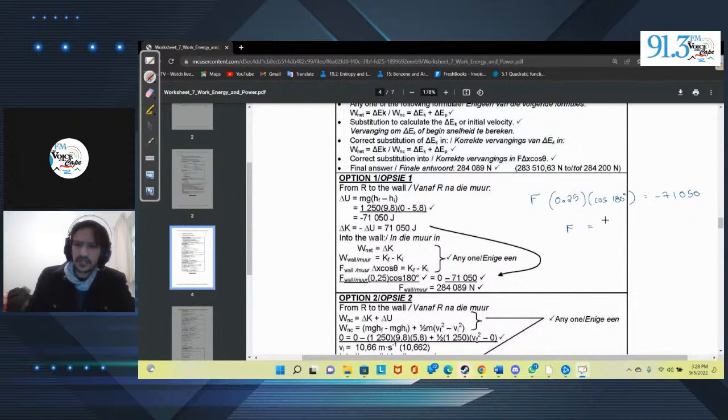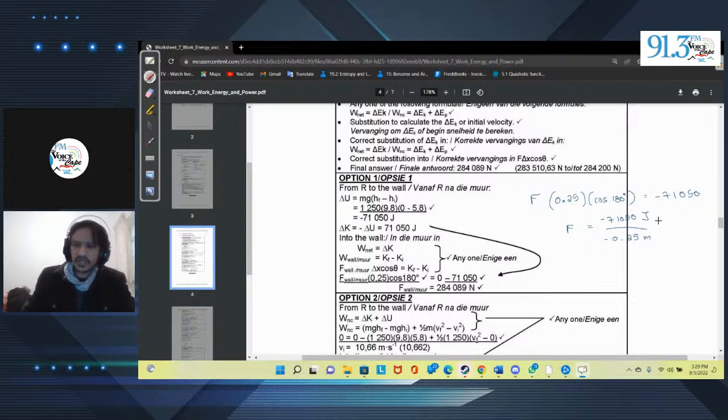So therefore, F is equal to negative 71,050 joules divided by negative 0.25 meters.